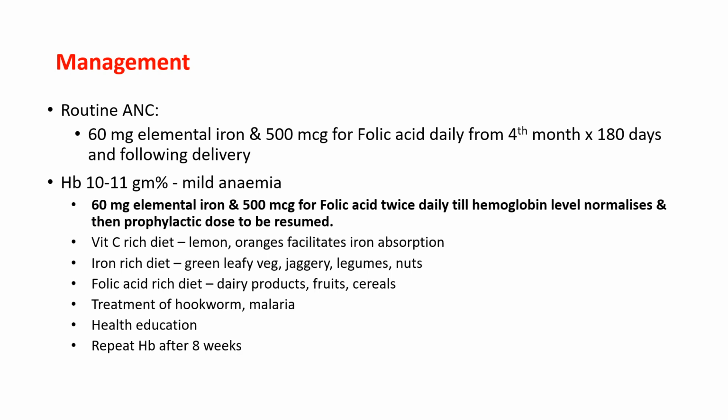Along with it, it is also important to get the treatment of hookworm, malaria, and provide health education and repeat the hemoglobin after 8 weeks. Provided your card reads any hemoglobin level below 9.9, then along with all this, you have to mention that the woman concerned needs to be investigated for the cause of anemia.